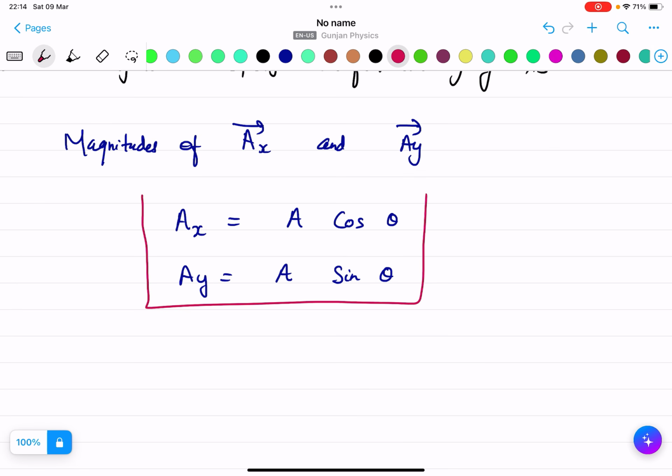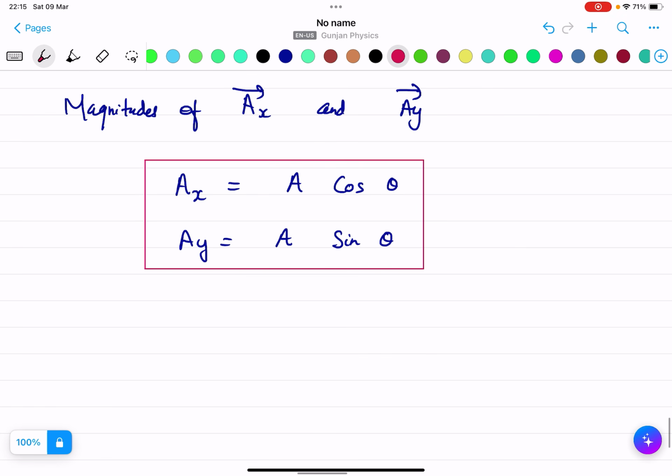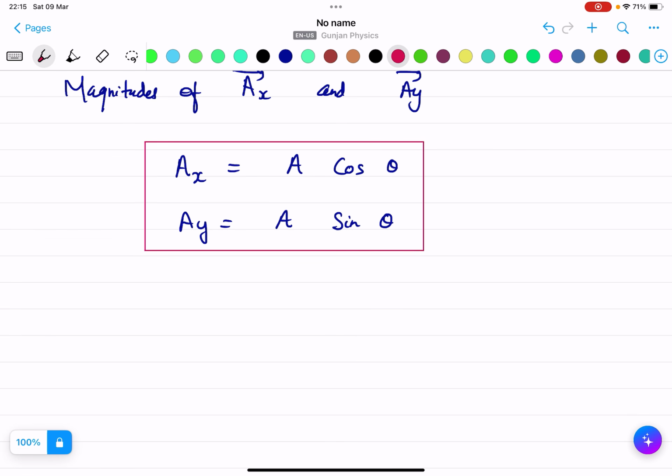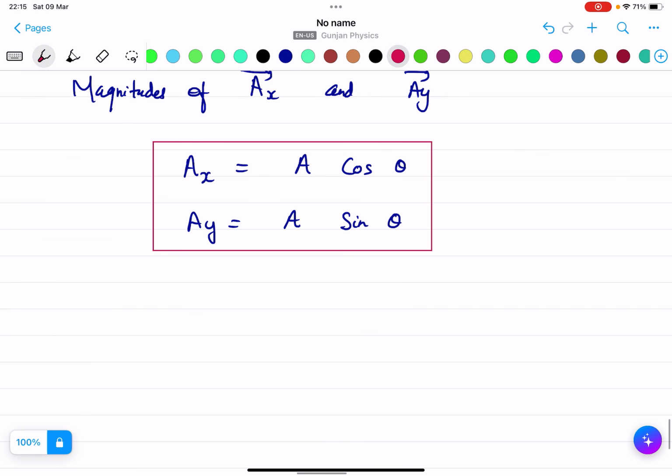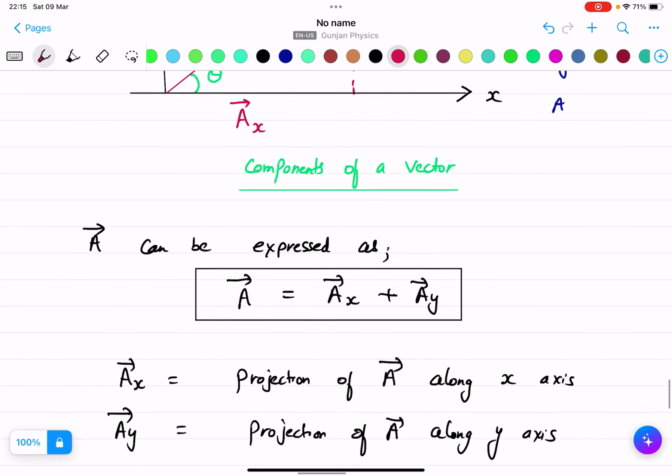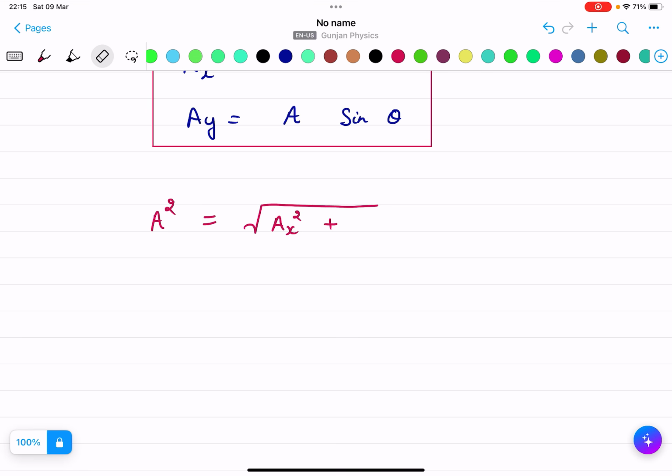So these are basically the magnitudes of the components, right? And we already know that hypotenuse square equals to perpendicular square plus base square. So perpendicular is AY square and base is AX square.